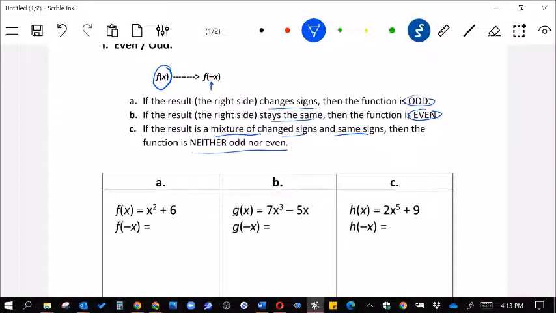So the idea when you make it negative is that you're taking the x, making it negative, and applying to it whatever you have to do. So negative x times negative x, the negative cancels out, so we're going to get x squared plus 6.